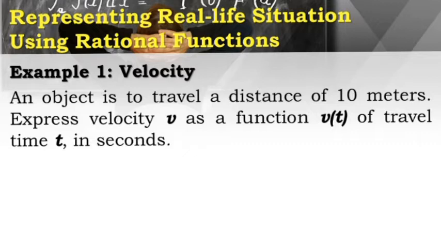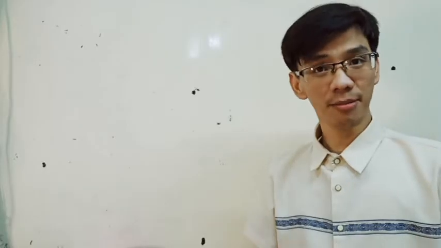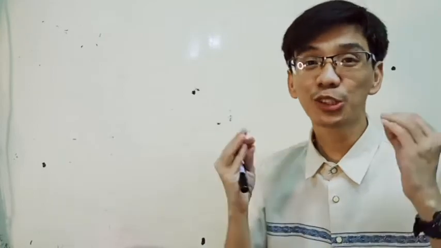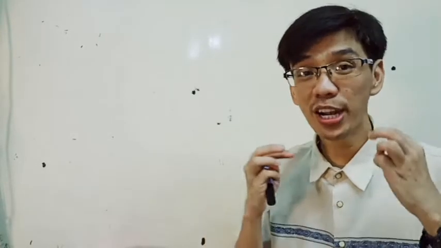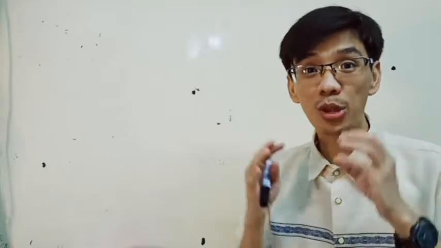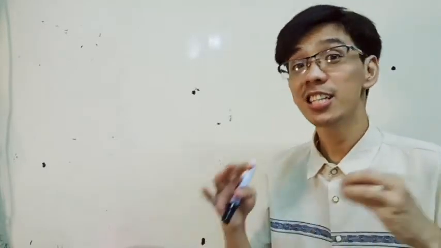To read the problem: an object is to travel a distance of 10 meters. Express velocity as a function of travel time in seconds. From the given problem, we are asked to create a function wherein velocity will be represented in terms of time.